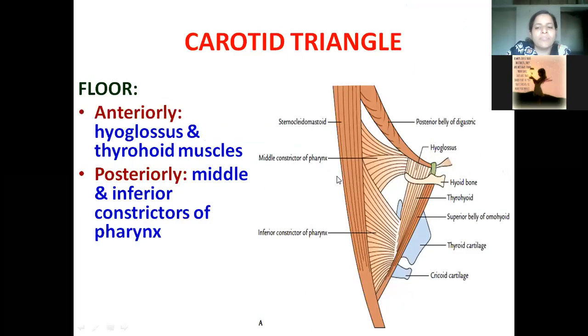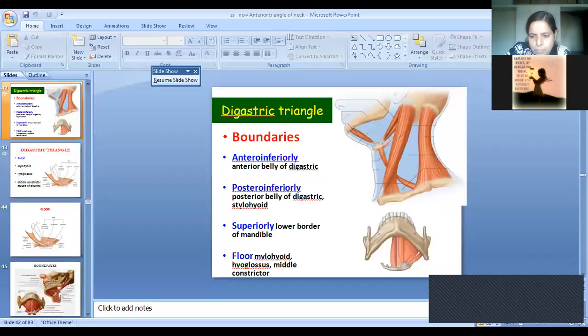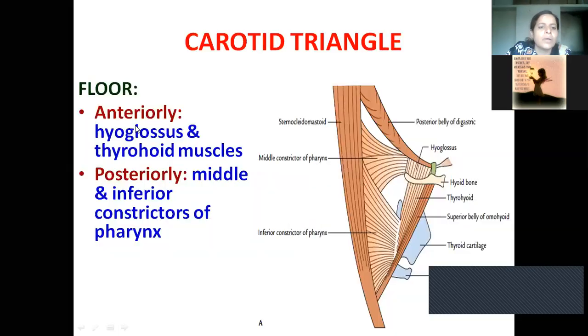Okay. Now the floor, that means if you see in the floor, these muscles are found. What are those? We are finding the hyoglossus, thyrohyoid muscle, and we also find middle constrictor and inferior constrictor.